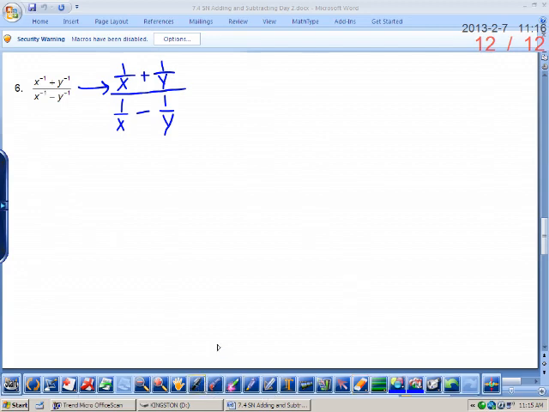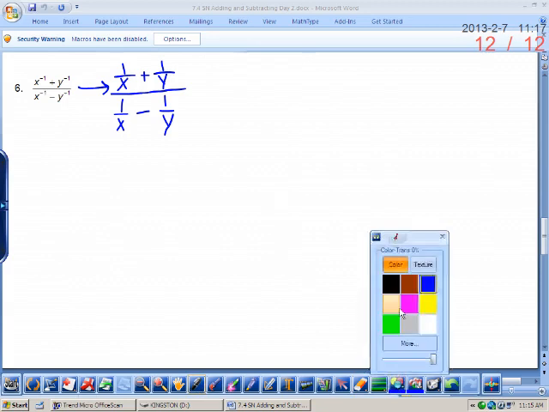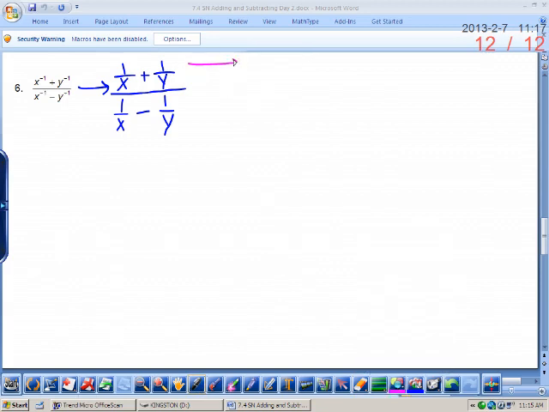You need to find an LCD for your numerator and an LCD for your denominator. What's your LCD going to be for your numerator? Okay. Take a sec and please simplify your numerator.